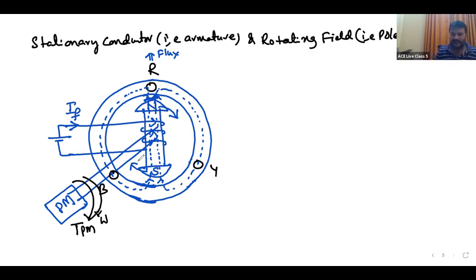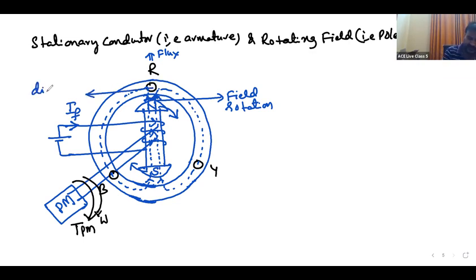To find the direction of induced EMF, this is the rotor field rotation. Field rotation is in the clockwise direction, and I am taking it tangentially. Then the direction of motion of the conductor you have to assume in the opposite direction.